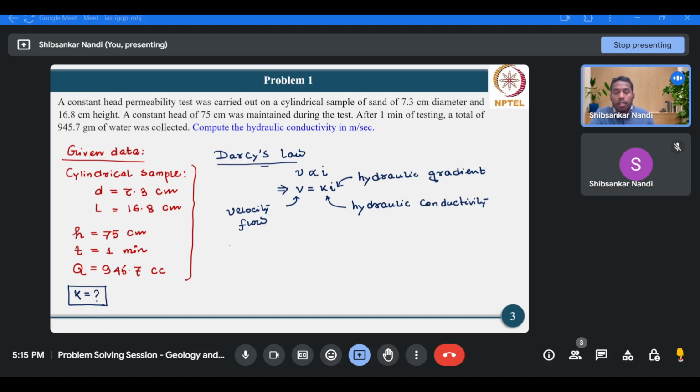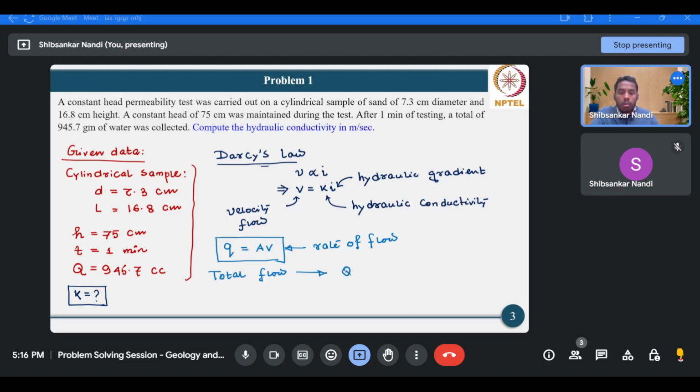Then we can easily determine the rate of flow. The rate of flow would be A, the cross sectional area, times V. Now what will be the total flow? For that we have to multiply this rate of flow with the corresponding time, the corresponding duration.